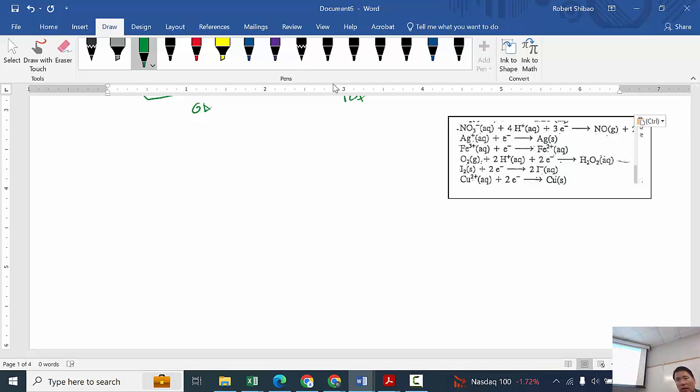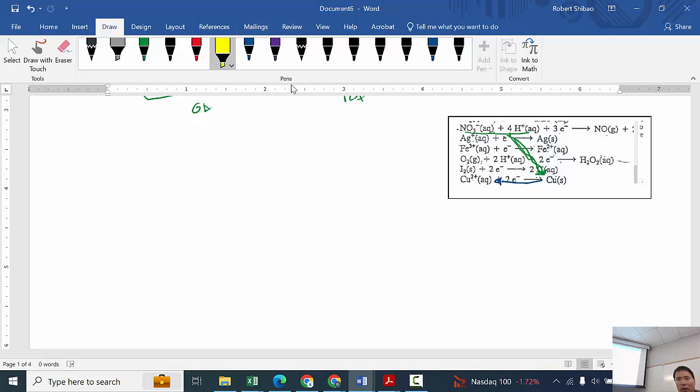So if we have nitrate and H plus react with copper, then what forms? So this is the zig part, and then what forms is the zag part. So we're going to form copper 2.